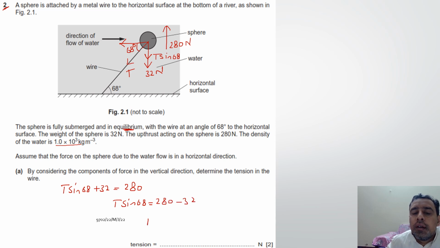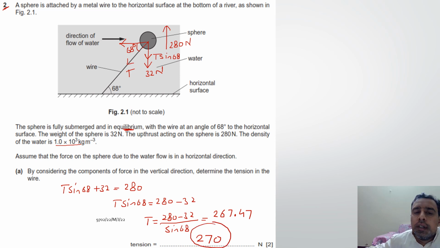So T is 280 minus 32 divided by sine 68, and by solving it through the calculator, the answer is 267.47, and we may write it as 270 Newton. So the tension is 270 Newton.